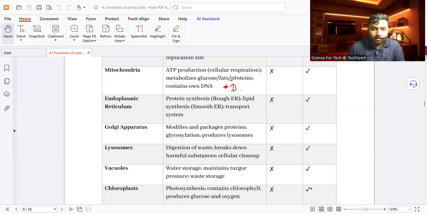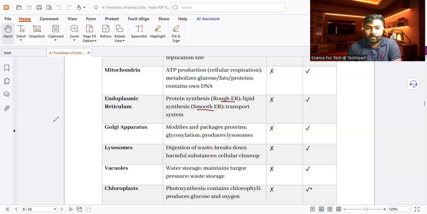Then the endoplasmic reticulum, please call it ER. I told you there are two types of endoplasmic reticulum: one is rough endoplasmic reticulum, and the second is smooth endoplasmic reticulum. The rough endoplasmic reticulum has ribosomes.